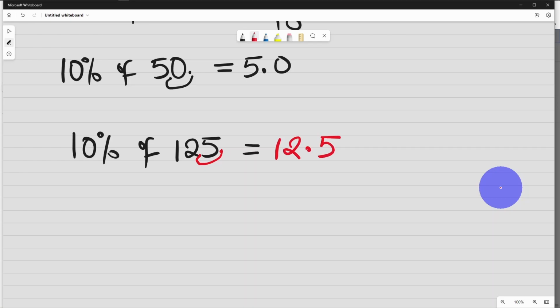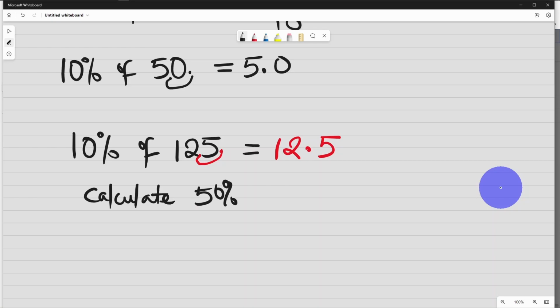The second easier trick is calculating 50% of any number. To calculate 50%, all you do is divide the number by 2.